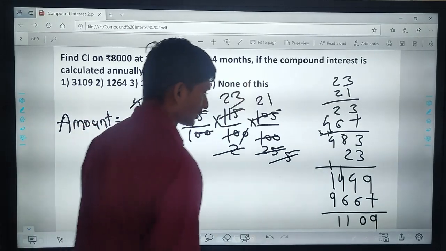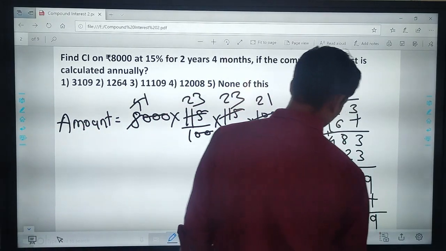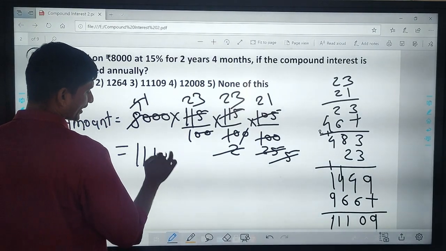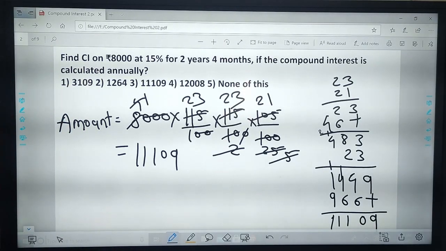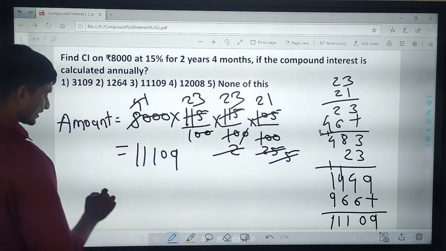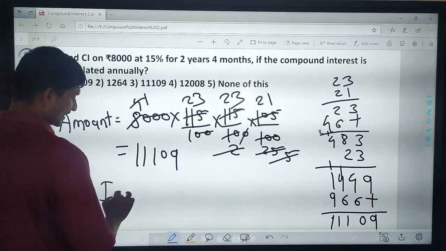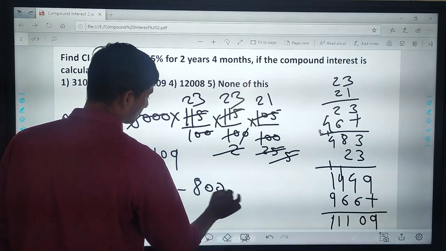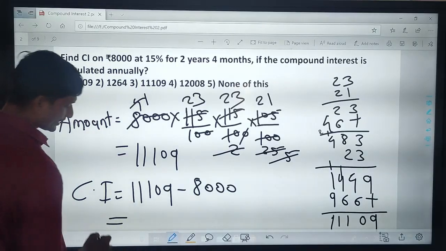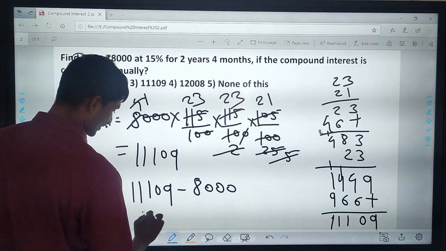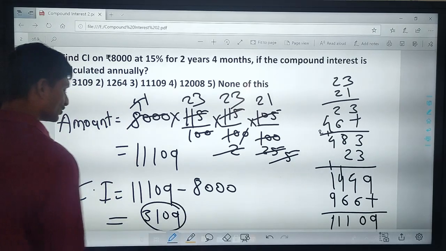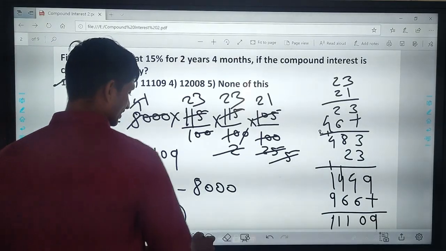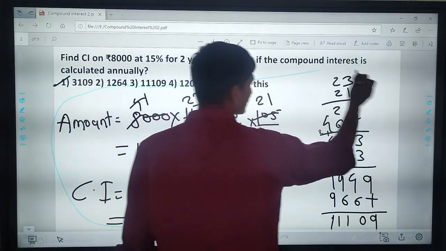Now your amount is 11,109. Now if you subtract the principal from this amount, we get the compound interest. Then compound interest here is equal to 11,109 minus your principal, 8,000. We get the compound interest. Now the subtraction of these two is 3109. Then your value is 3109. Now next.